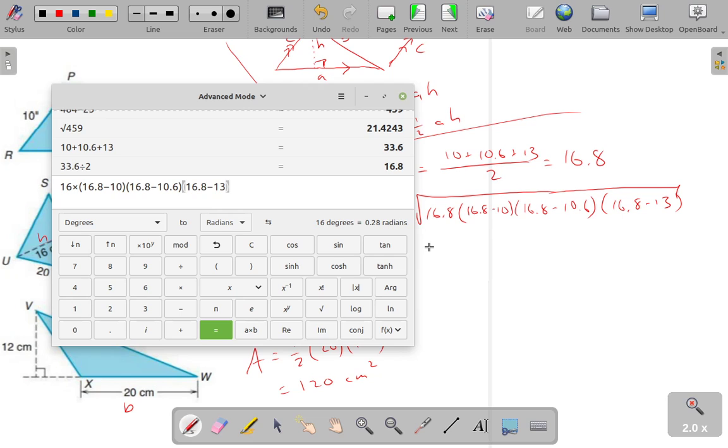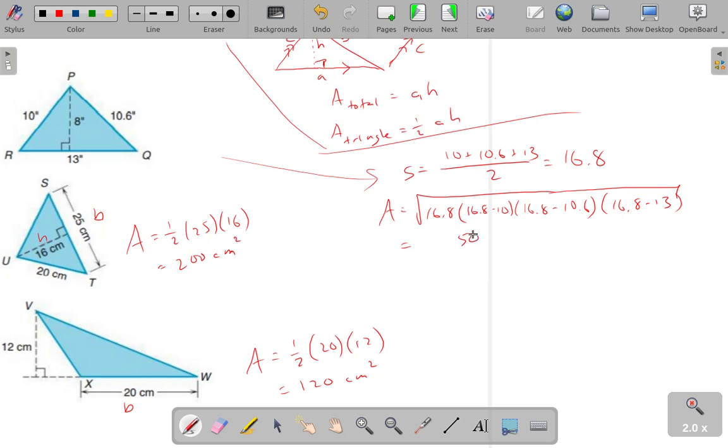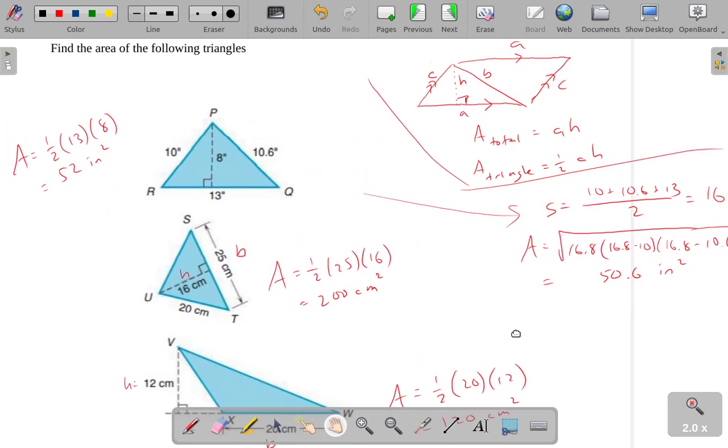Close that up. The product of all of these is that number. Let's take the square root of that. And we end up with something that's not quite accurate, approximately 50.6 square inches.